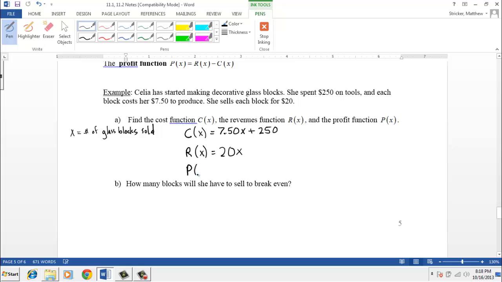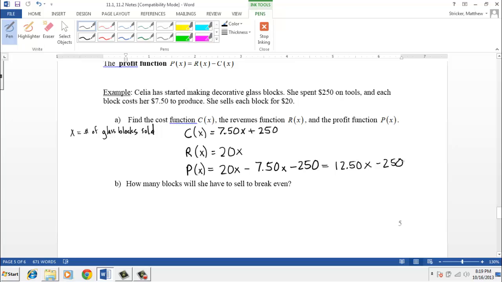Which means her profit function, remember profit is revenue minus cost, that means we're going to have 20x minus our cost, minus the 7.50x, and then minus the $250 per month. And if we combine like terms, that gives us 12.50x minus 250.